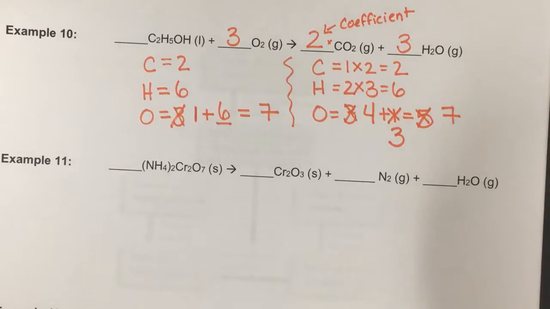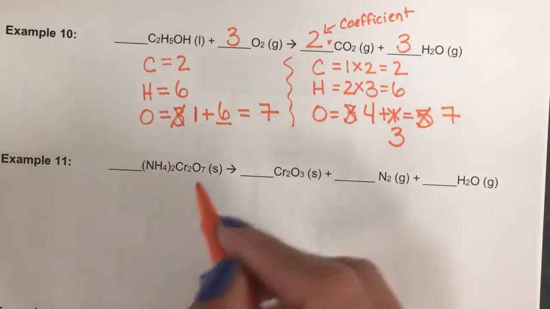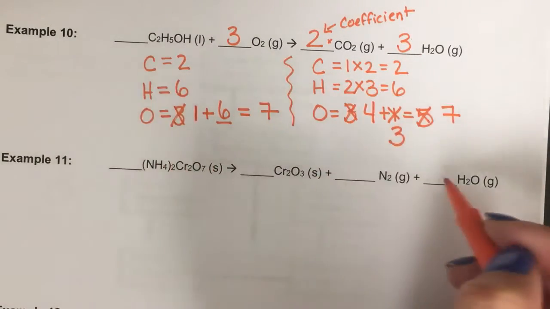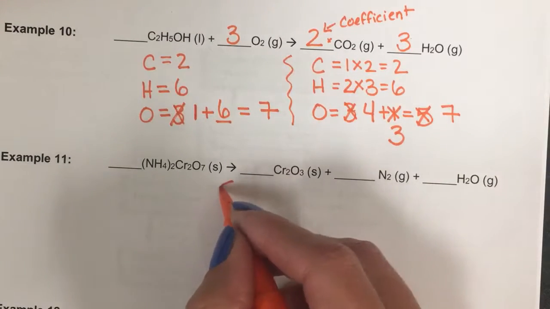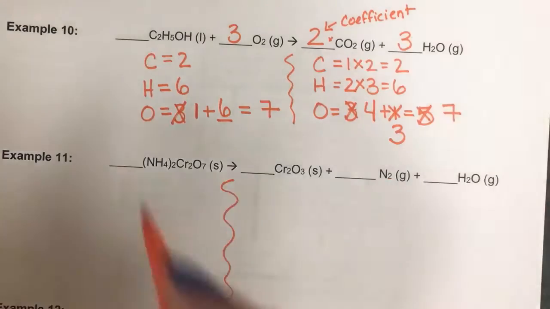Okay? So same thing down here. In this case, I've only got 1 reactant, but I've got 3 products. So I want to make sure that I separate it at the arrow. Reactants on the left, products on the right.